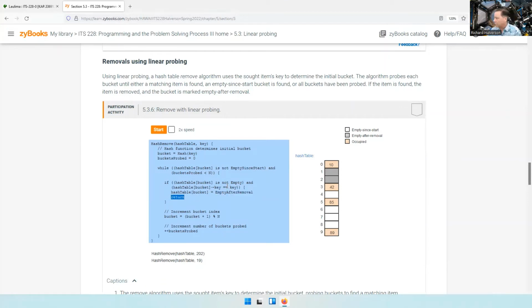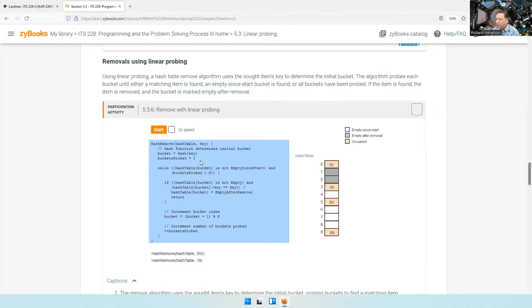Otherwise, we have to move on to the next one, and we keep looking until we find a bucket that's not empty and has the key value in it.